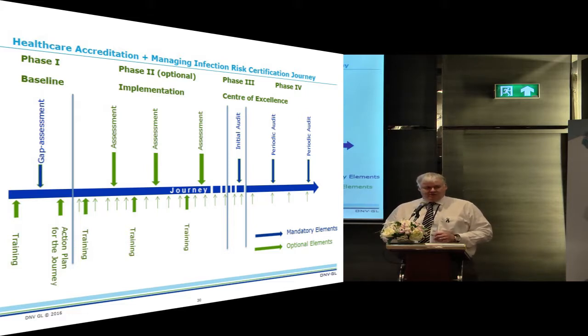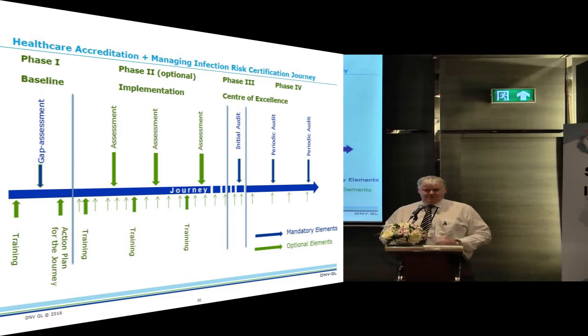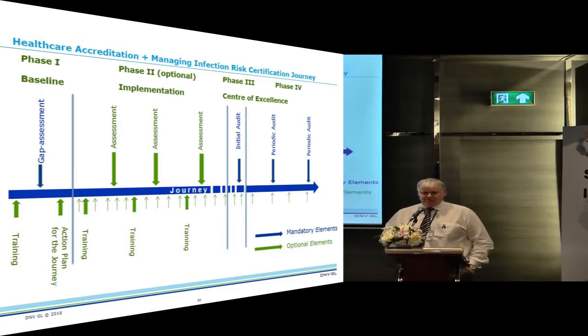You need to think about where you're going, what you're doing, how you're organized, etc., using infection control as a theme. I think the hospitals get a lot more than infection control from this particular standard because I think it really helps them understand management systems using some very, very practical and obvious examples associated with infections.